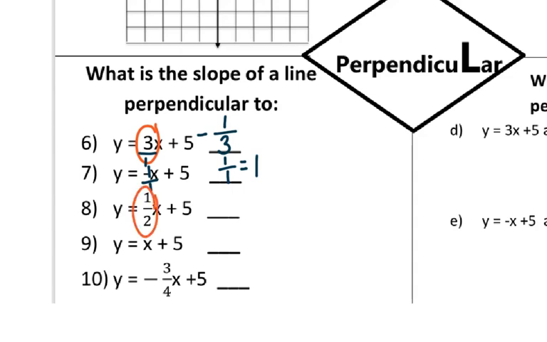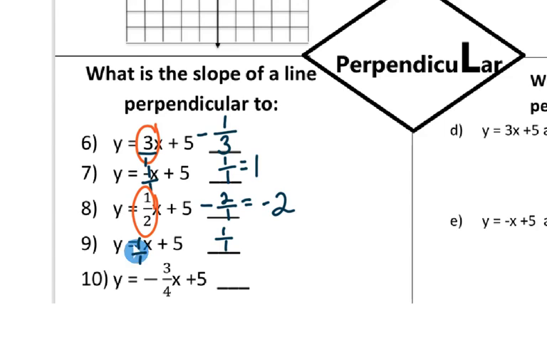Next one, easy. 1 over 2, we need to flip it. So when we flip it, it's a 2 over 1. Now we need to change it. It was positive, so now it needs to be negative. Negative 2 divided by 1 is the number negative 2. Number 9, flip those numbers. 1x is a 1 over 1. When you flip it, it's still just 1 over 1, because we still flip those numbers. They're just the same.